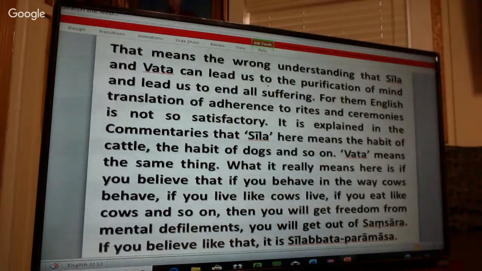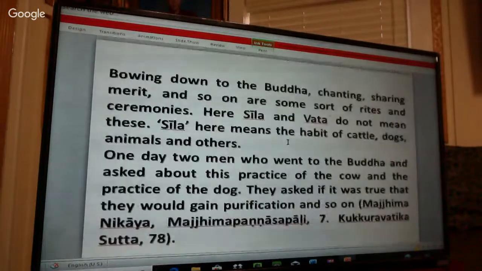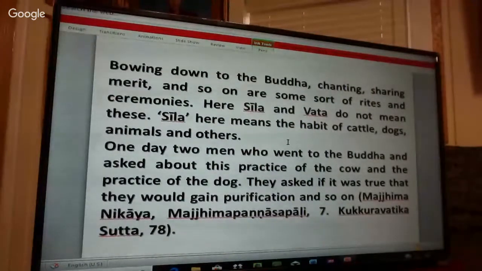So that is Silabbata Paramasa. That's why it is very, very dangerous to attach to that practice and habit.